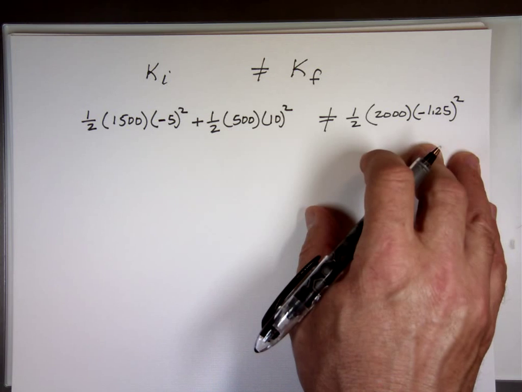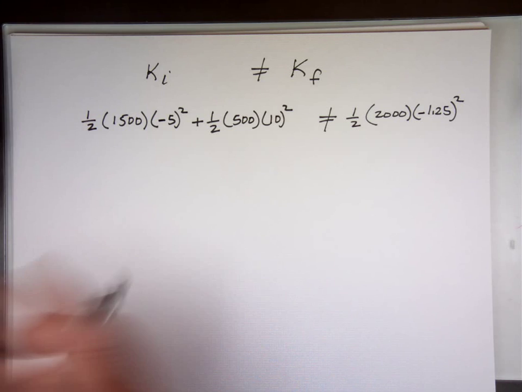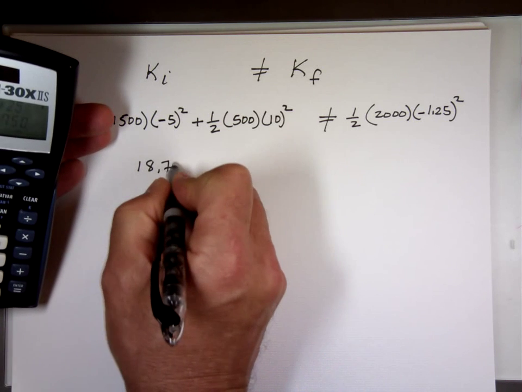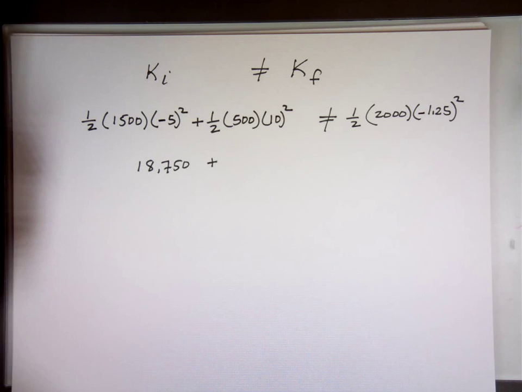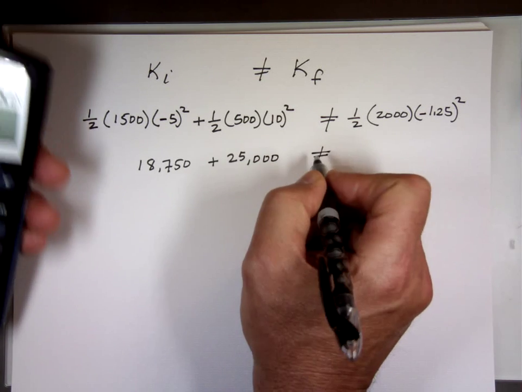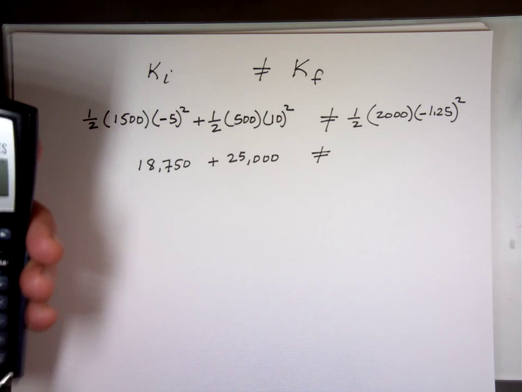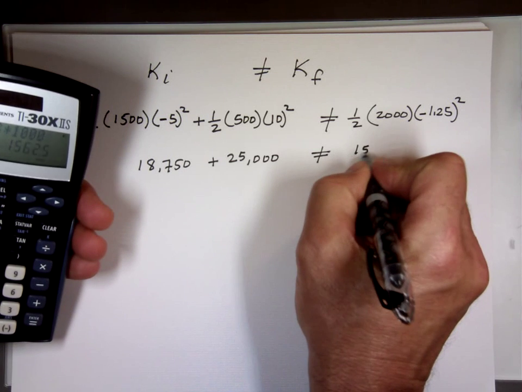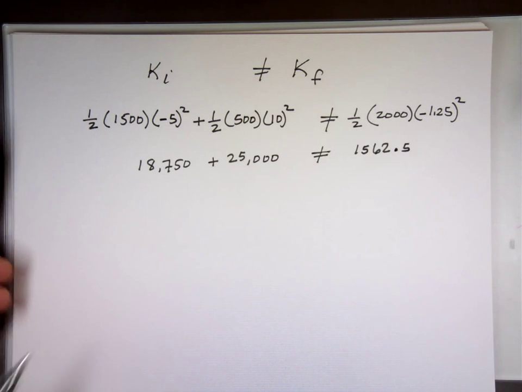And if I do my math, this side is not equal to that side. $18,750. $25,000 here. $1,562.5. And when you add the numbers, no, it's not even close.